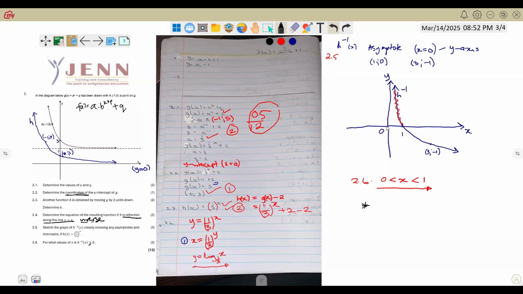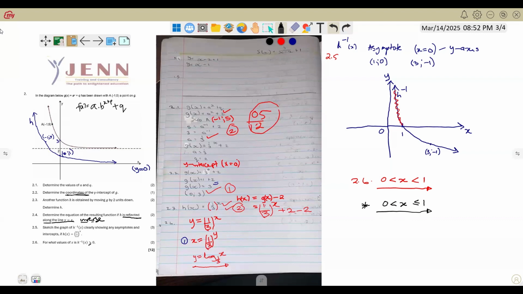But the 0 here, we can't include it. Why can we not include the 0? Because the graph is not at 0. The graph cannot touch it because this 0 is an asymptote. It's clear, right? Yes, sir. So if there was or equal to, our answer was going to be 0 less than x, but when we go to 1, it's going to be less than or equal to 1 there. Is that clear? Yes, sir.